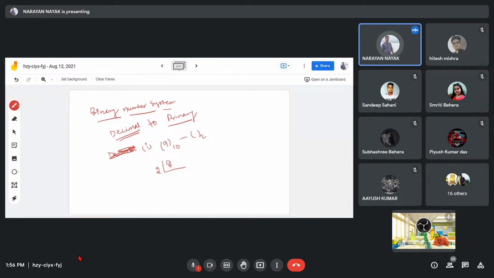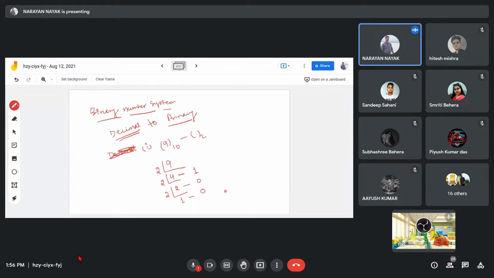If you divide 9 by 2, you get 4, and the remainder is 1. Again you divide by 2: 2 into 4 is 2, and the remainder is 0. Again divide by 2: 2 into 2 is 1, and the remainder is 0.